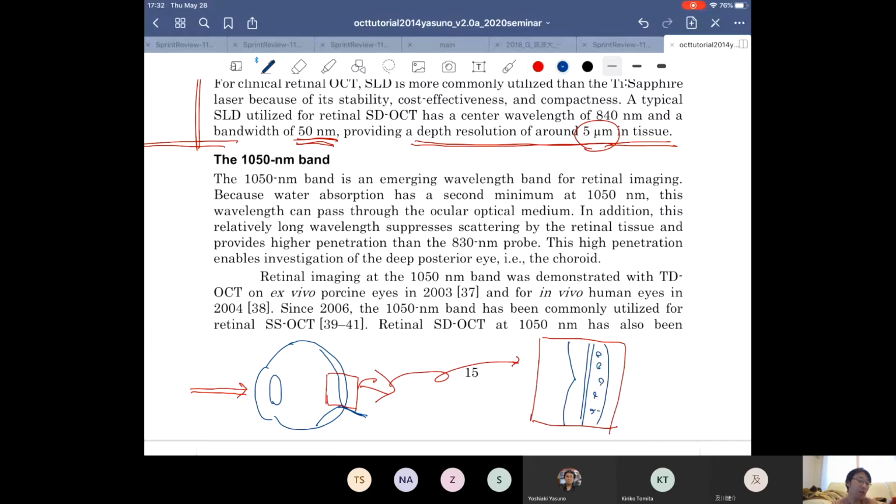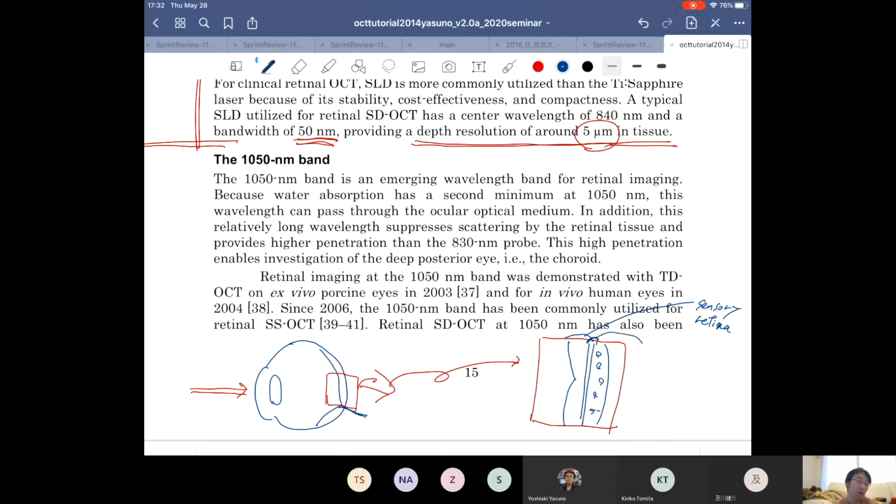The retina has a very fine layer structure, but the layers can be classified roughly into three or four. The first part is the sensory retina, a set of neurons which convert the light signal into an electrical signal.